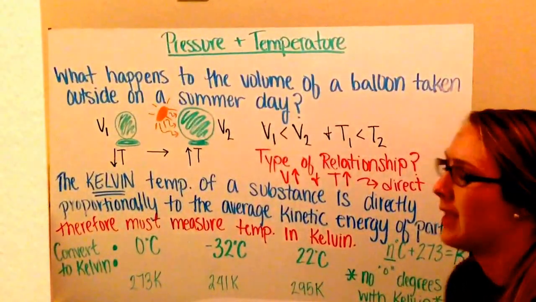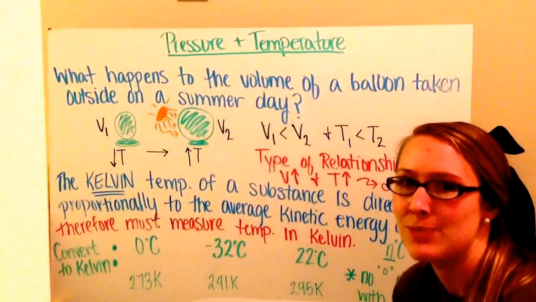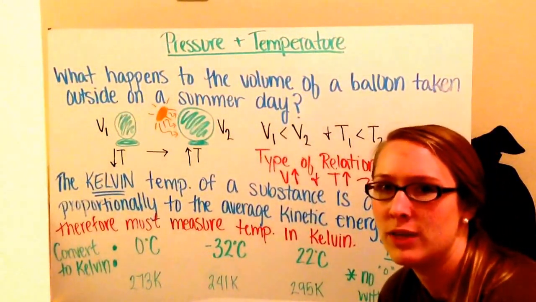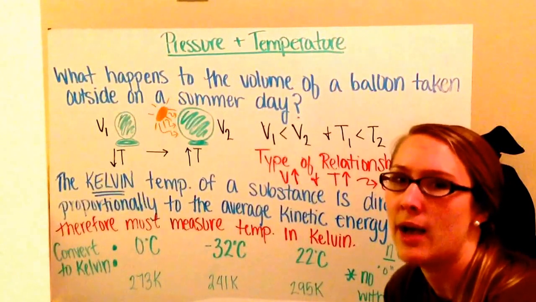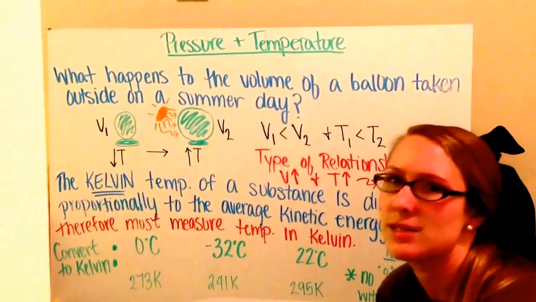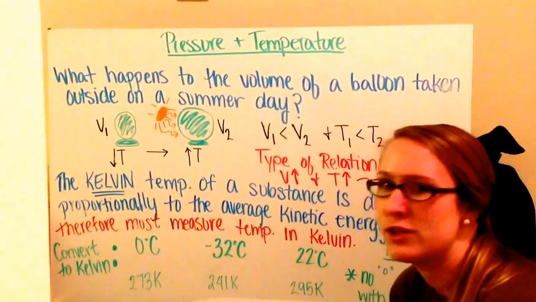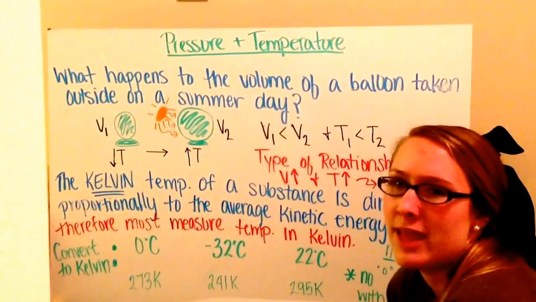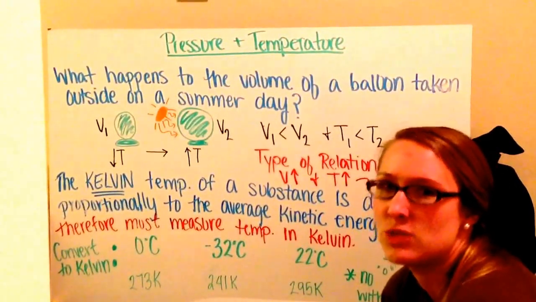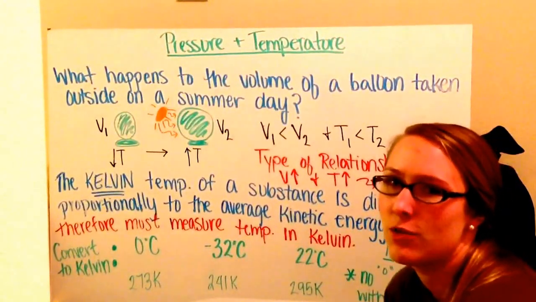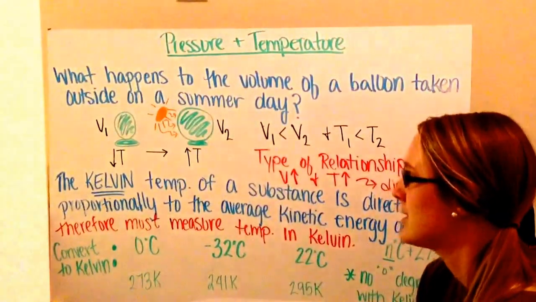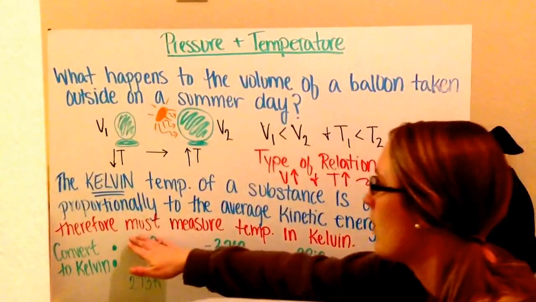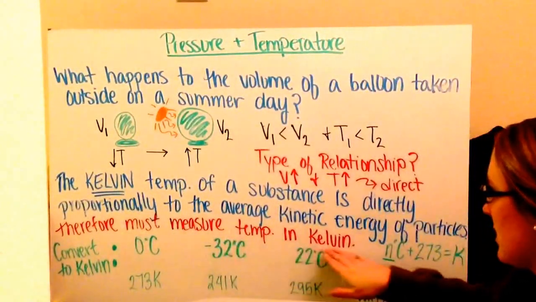Remember that the Kelvin scale is based off of absolute zero, being 0 Kelvin, and that's when we say that particles stop moving. If particles have stopped moving, there's not going to be any pressure exerted by those particles because they will have stopped having collisions with each other and therefore stopped putting a force on something else. So that is why we must measure temperature in Kelvin.